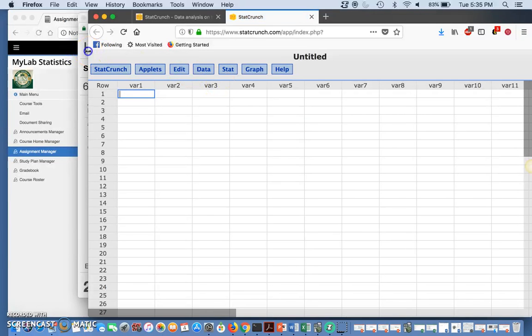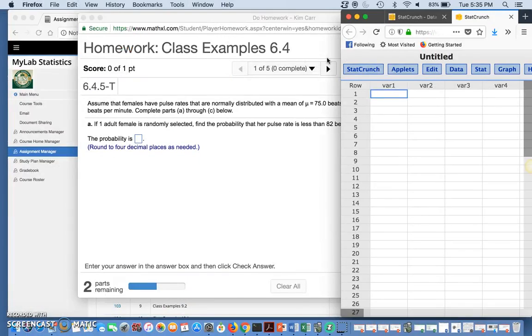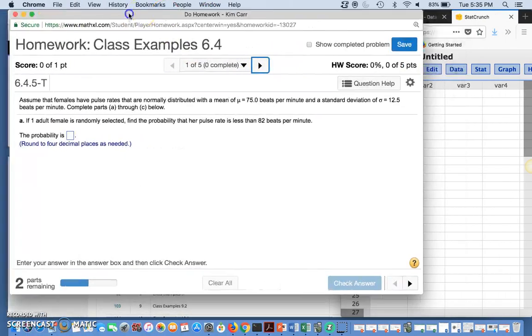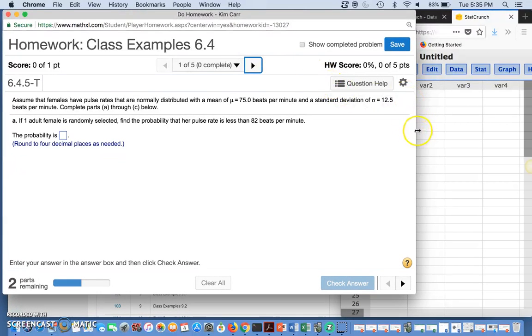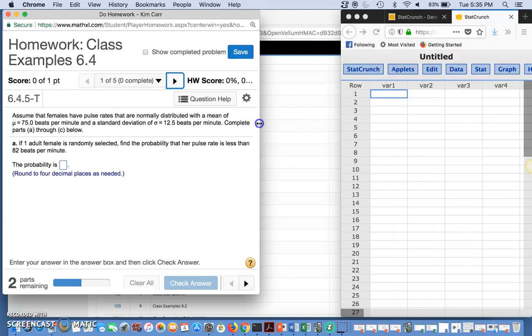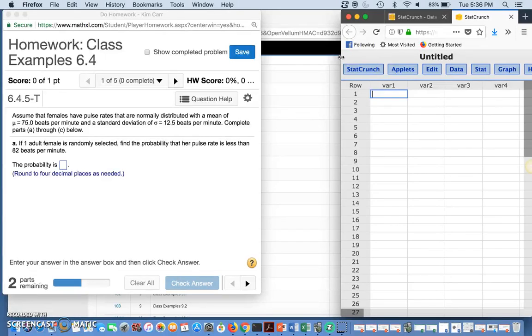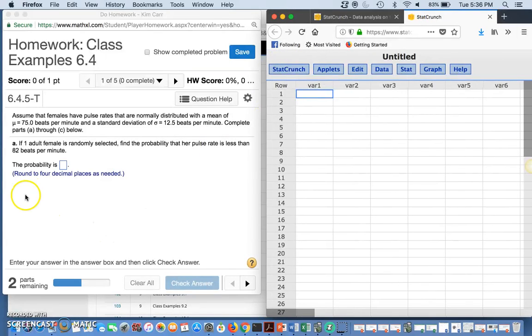So I'm going to put it over here, and I want to be able to see both of them. So we're going to do our screens. Of course, those of you that are on a Windows-based machine, it's easier to get your screens to work right.